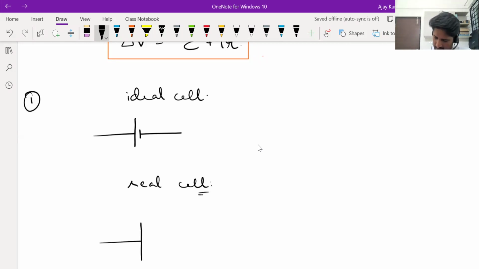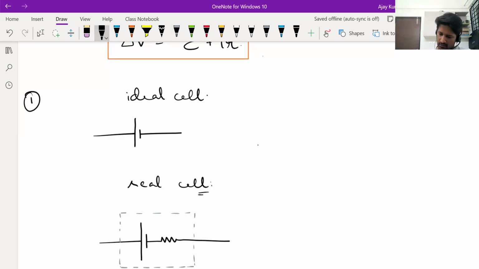You can consider it as an ideal cell combined with some resistance, and these two have to be together. You can't draw any other resistance or put a capacitor in between, because all this is inside the cell. So you can simply treat it as an ideal cell along with a small resistance in series.